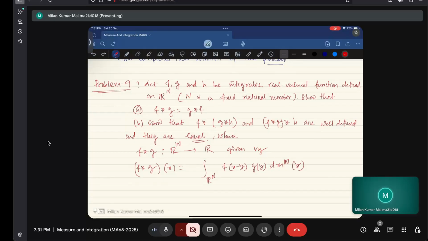But composition is only possible when the domain and codomain are the same, so n has to be 1, or otherwise the functions have to be Rn valued. But in general, one can define the product pointwise, and the other is the convolution. This is called convolution.